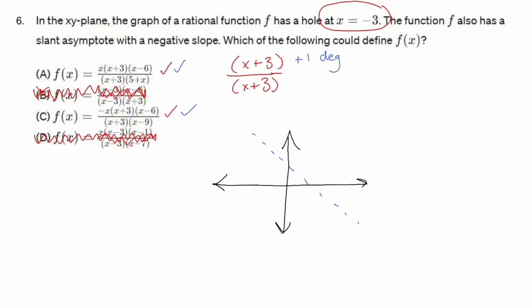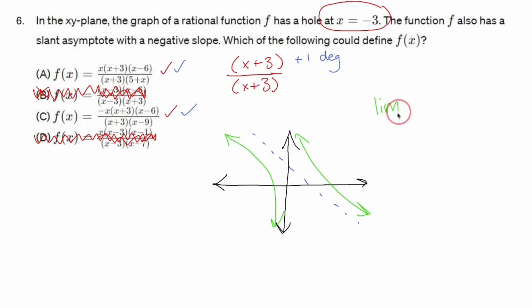So let's try to draw a picture of what this could look like, knowing that it's not going to be accurate. It might look something like this, right? What am I looking at for a picture that has a negative slant asymptote? If I look at the end behavior, that might help me figure out which of these will match.